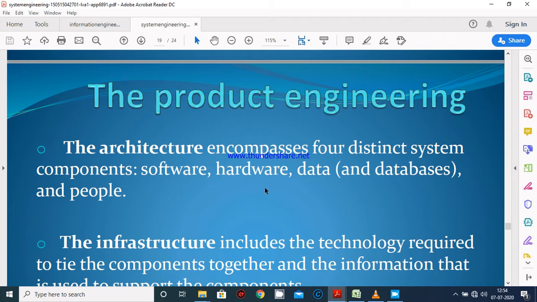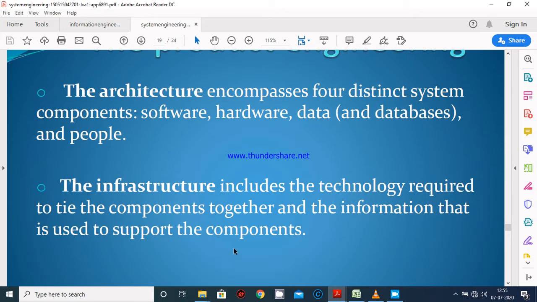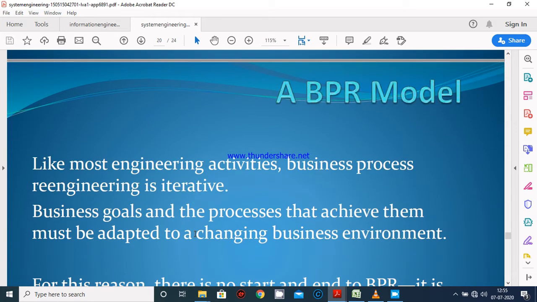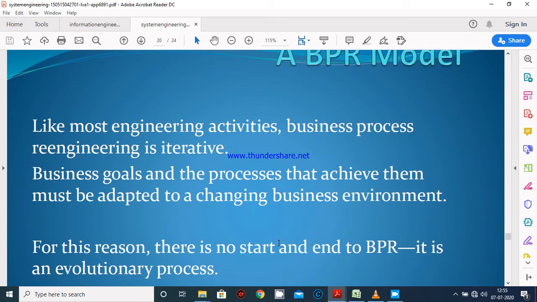So what is the architecture in product engineering? Basically it encompasses 4 distinct systems: software, hardware, data and databases, people. Infrastructure includes the technology required to tie the components together and the information that is used to support the components.